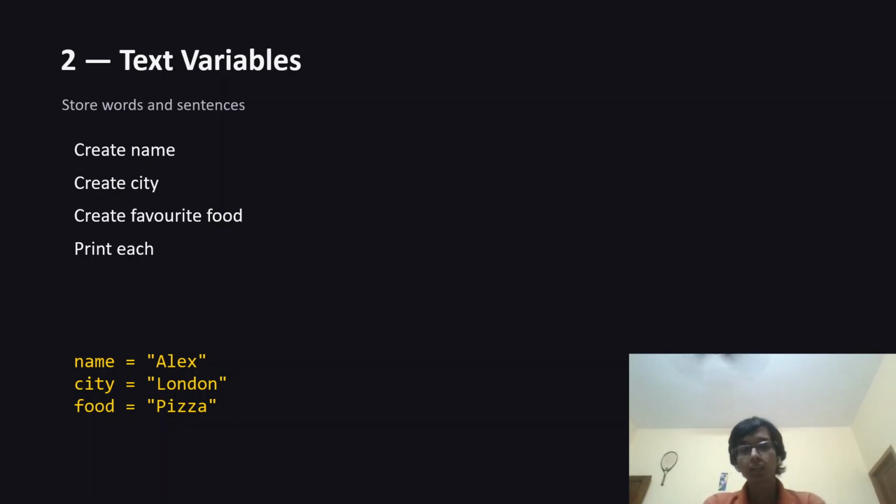So how do we make it? We create a name. Once again it can be anything, but we follow a rule. We'll come back to that. Create city, create favorite food, and print them. For example, name is equal to Alex, city is London, food is pizza, and we can print each. I'll show you.